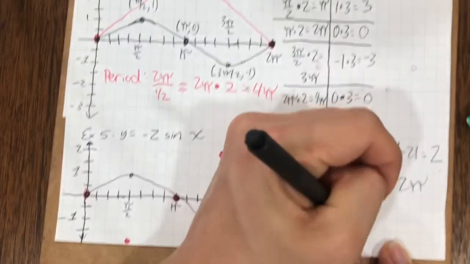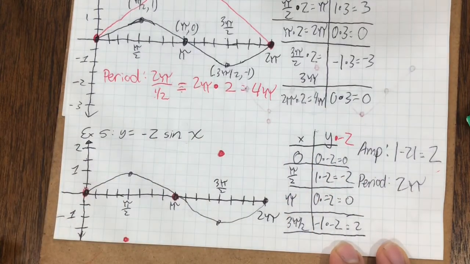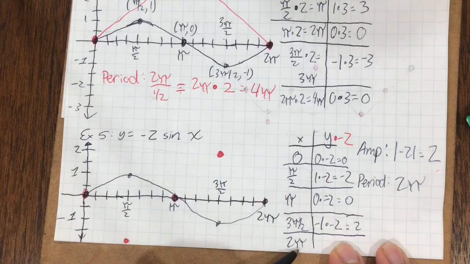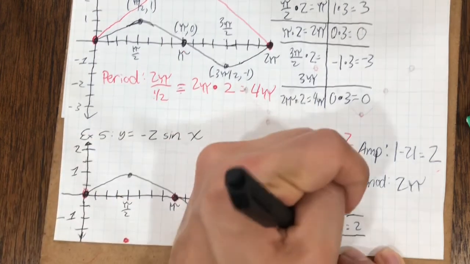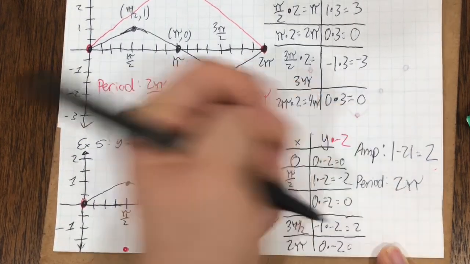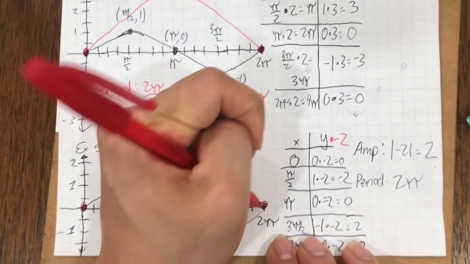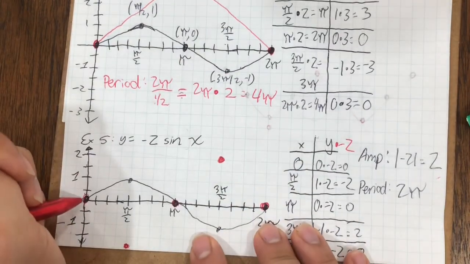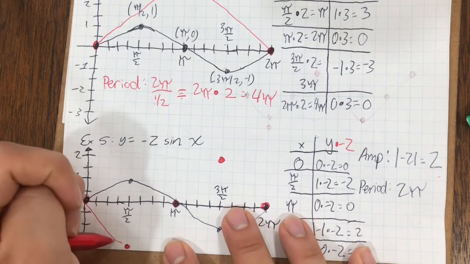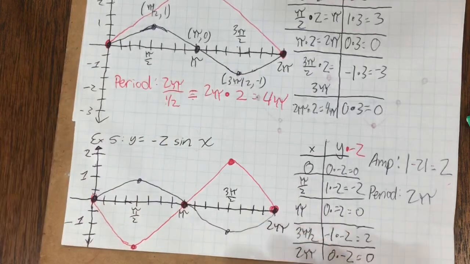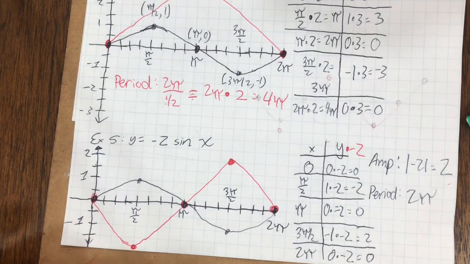One more point: we have 2 pi, 0, and 0 times -2 still becomes 0. Now I'm going to connect the points for the red dots, and we see that the graph increased in height and also reflected.